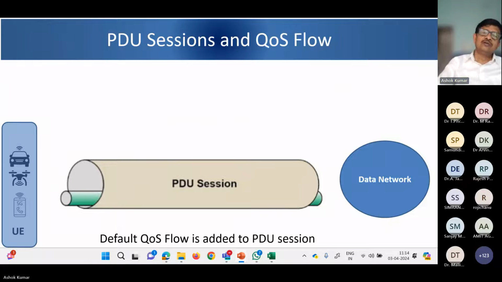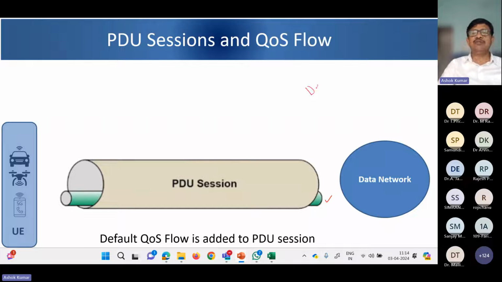Now suppose a default QoS flow is added to a PDU session, as you can see in this picture, that one PDU session is added and it has a default QoS flow.